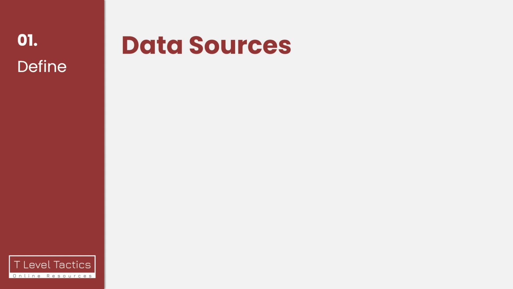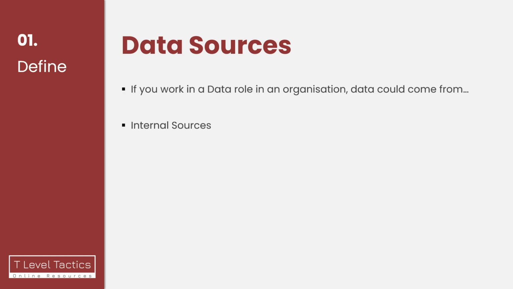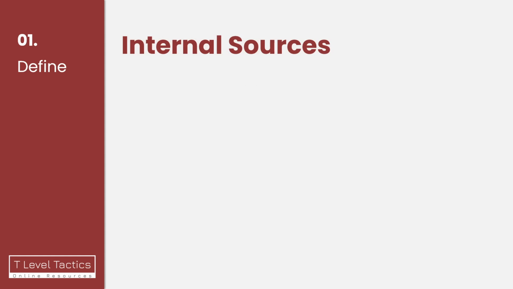If you work in a data role in an organization, data could come from internal sources or external sources. Let's take a look at them. Internal sources are from a department within the business or organization.